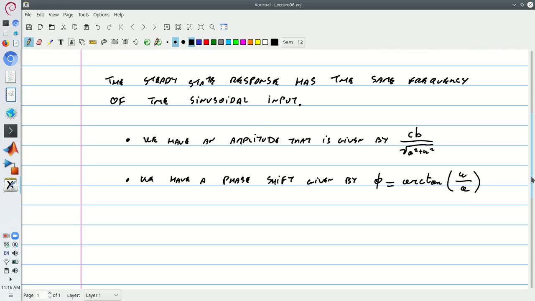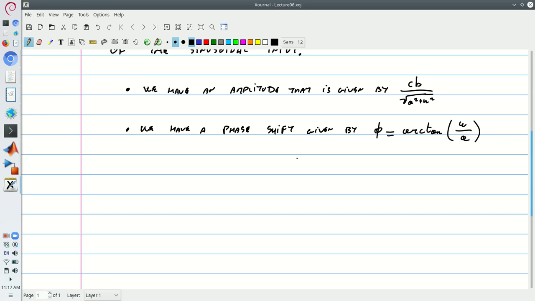So after verifying that this is our amplitude gain, CB divided by the square root of a square plus omega square, and after computing our phase, we can use these expressions to draw the Bode plot.